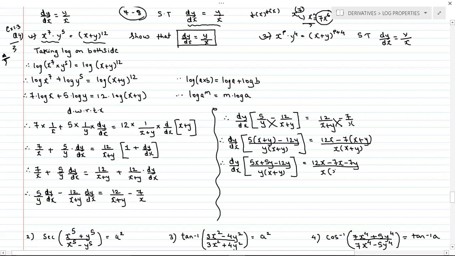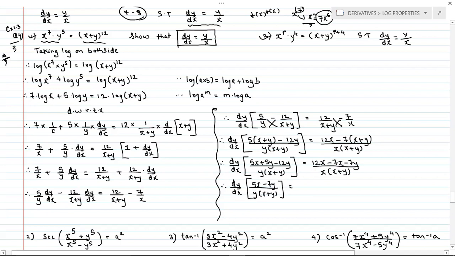Yes or no? Minus 7y you will get, and this part will be the same as it is. So after this, dy by dx, as clearly we can see that here we have like terms, 5y minus 12y. So 5y minus 12y, here you will get minus 7y upon y times (x plus y).